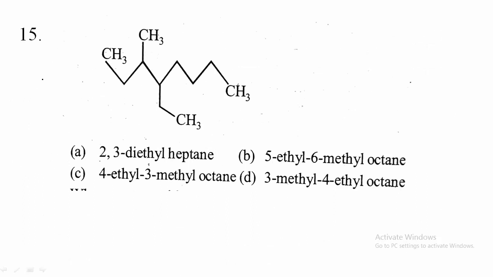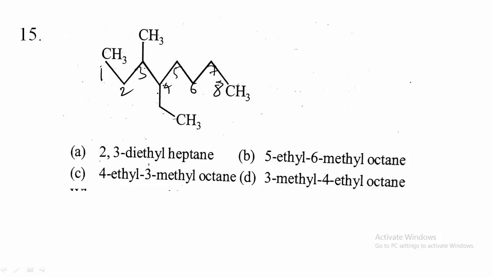What is the name of this compound? Again, select the longest chain. Which one is the longest chain? 1, 2, 3, 4, 5, 6, 7, 8. This one is the longest chain. So first you have to see which one is the longest chain. So I will name this 1, 2, 3, 4, 5, 6, 7, 8.